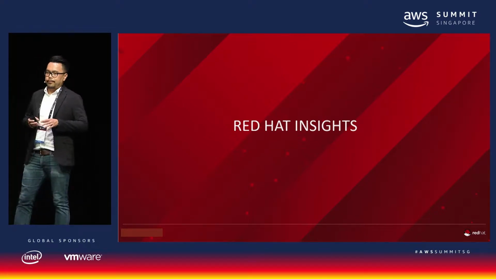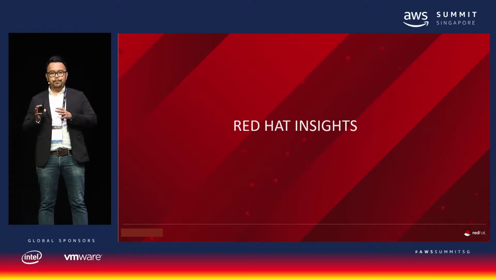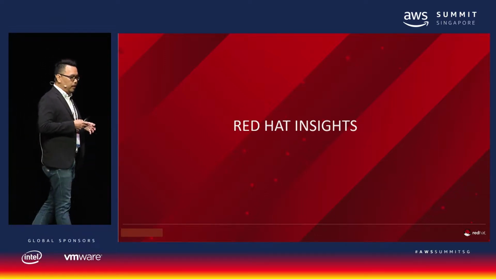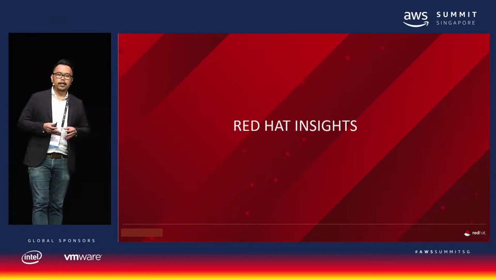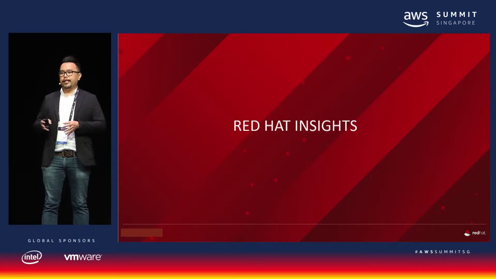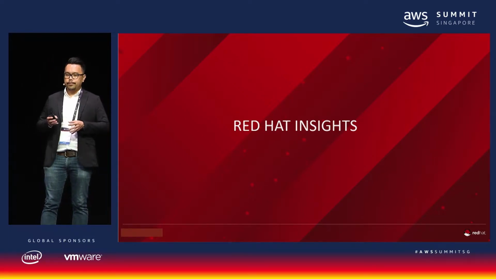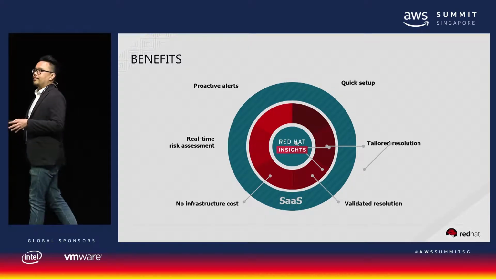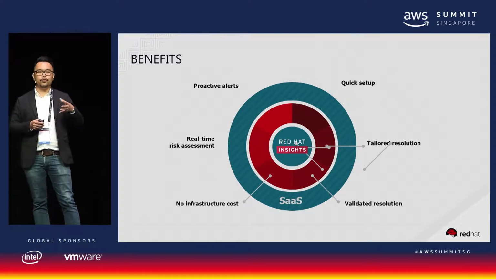What we want to do is to basically help IT to move out of a firefighting mode into a smarter, more proactive way to monitor and to manage your environment. So Red Hat Insights is hosted in the cloud.